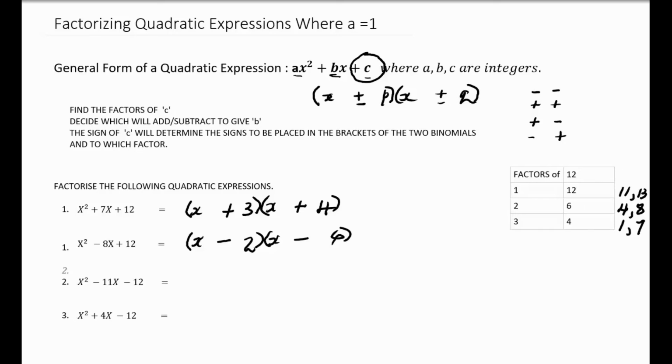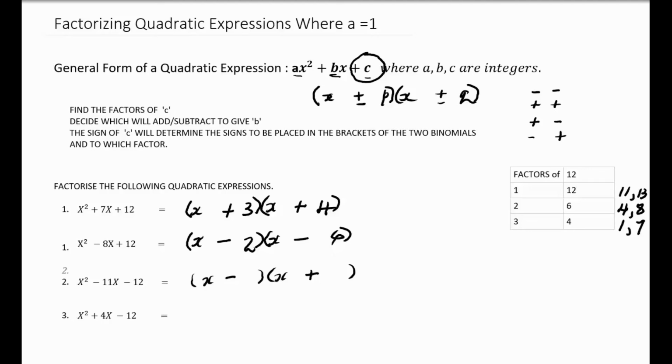Now, for the next one, c is negative. So we're going to draw our brackets and put in our x's. c is negative. Therefore, one must be negative and one must be positive. Looking at b now, b is negative 11.